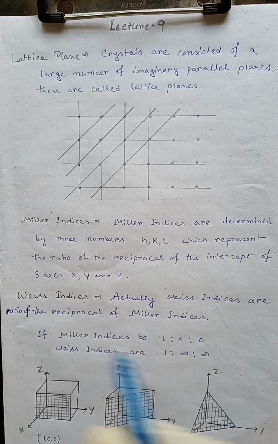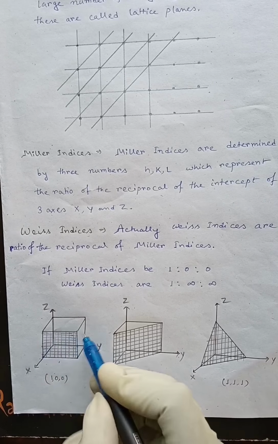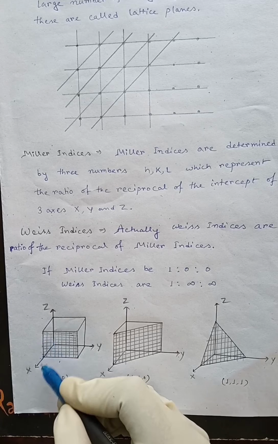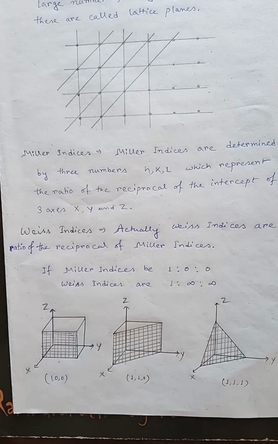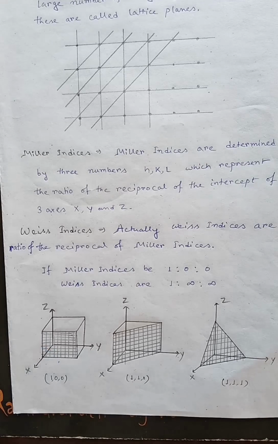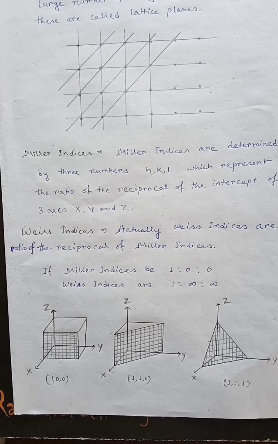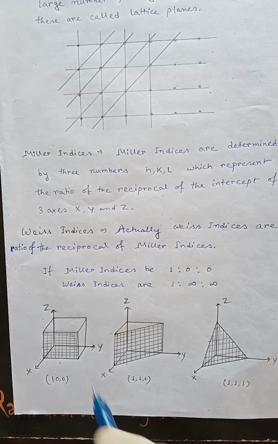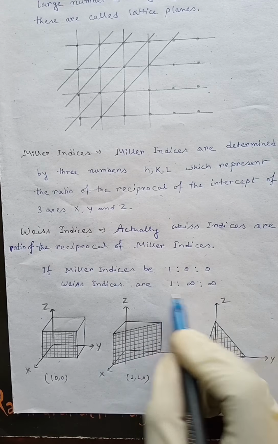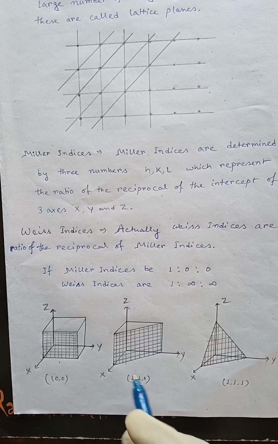That means if you look at this, the intercept of this plane is at x equal to 1 and y equal to infinity, z equal to infinity, because this plane is not cutting y and z axis. That's why the 1, infinity and infinity will be the Weiss indices and Miller indices will be its reciprocal.